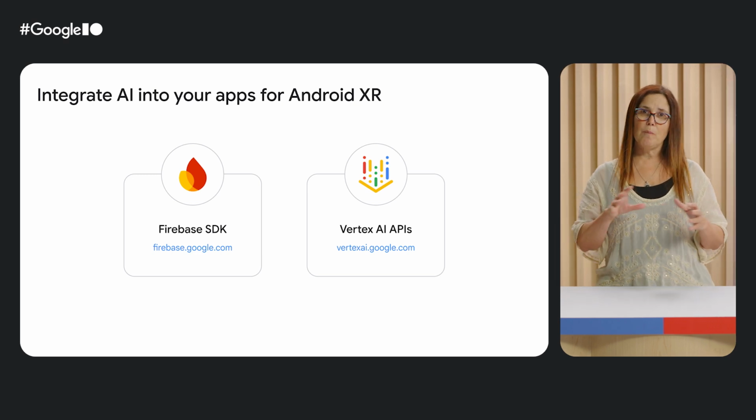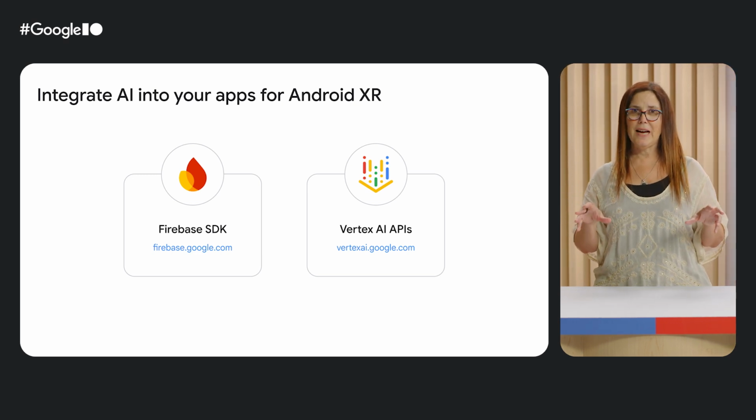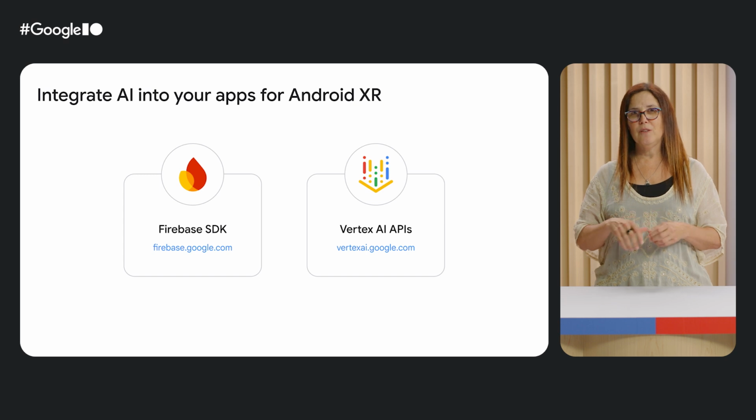You also have the option to use Vertex AI APIs directly if you prefer to implement your AI features on the backend. All of these options provide seamless ways to integrate Google's cutting-edge AI models and APIs into your XR applications. Over to you, Zhang, to bring this all together with an XR AI example.